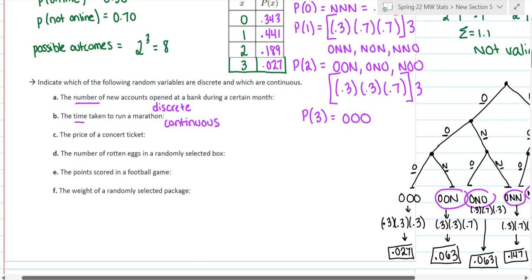The price of a concert ticket, continuous. Number of rotten eggs in a randomly selected box, discrete. Points scored in a football game, that is discrete, yes, because we can count those. The weight of a randomly selected package, that is continuous.